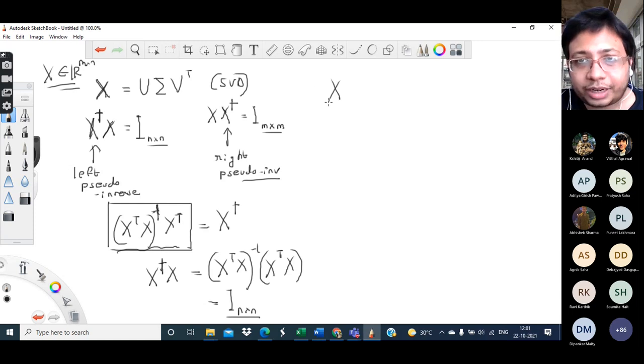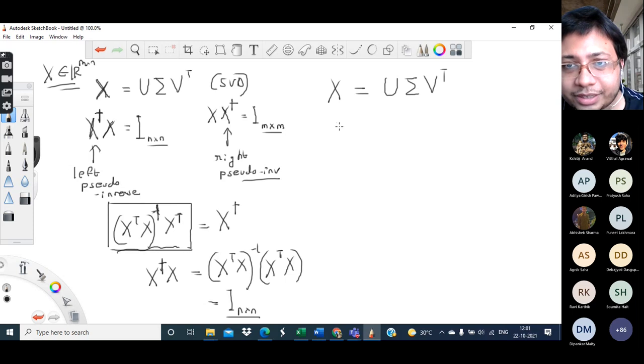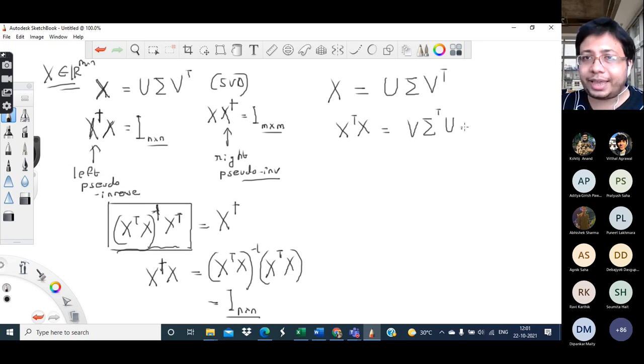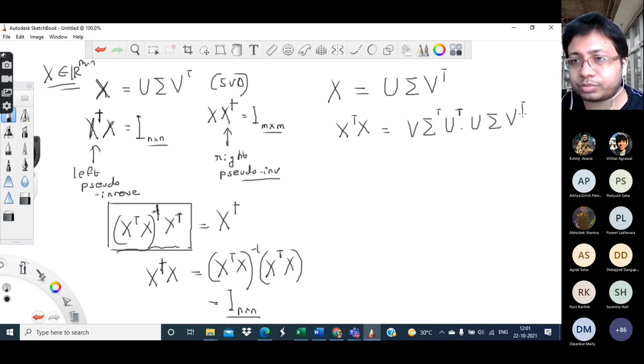So let's take the help of SVD. I know that X can be expressed as U sigma V transpose. Now what about X transpose X? Like yesterday, when we briefly looked at X transpose X for the Frobenius norm of X, X transpose is V sigma transpose U transpose, multiplied by X, which is U sigma V transpose.